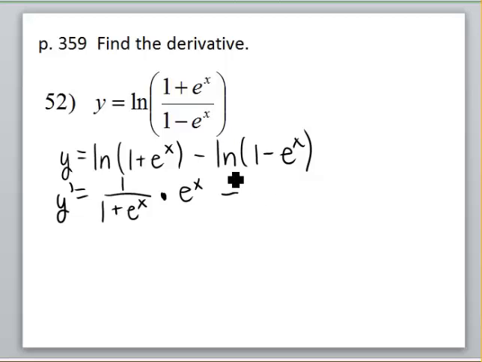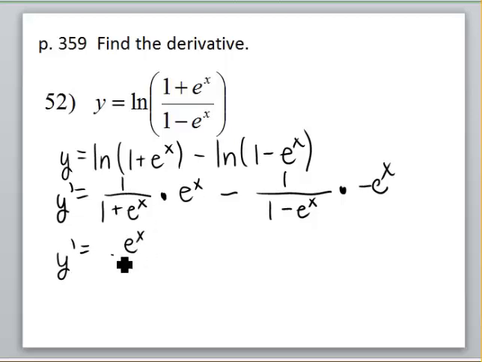Minus, we're going to take the derivative of the ln again. It's 1 over whatever's there, 1 minus e to the x, and then we'll multiply by the derivative of this part right here. So the derivative of 1 is 0, and the derivative of negative e to the x is negative e to the x.